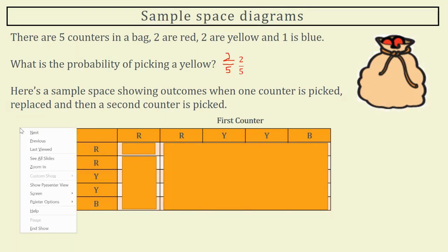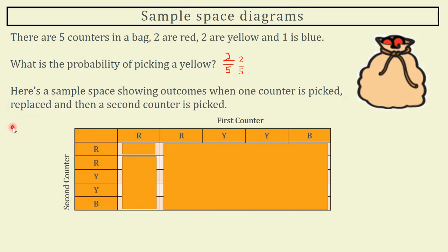So now I can think about how I'm going to fill this table in. I'm just going to write down the combinations. Okay, the combinations that I've got here. So I'm going to reveal that first square. That first square, I'm saying the first counter was red, and the second counter that I got was red. Okay, if I do the rest of this column, we'll fill all of those in.